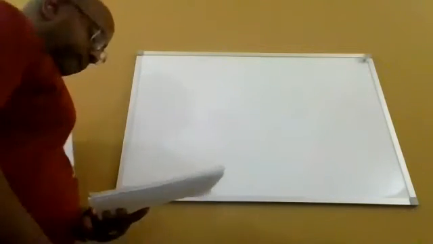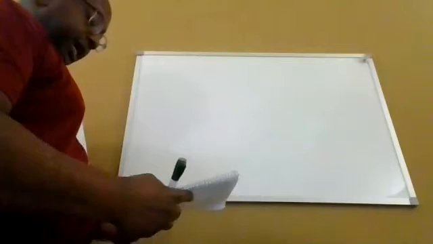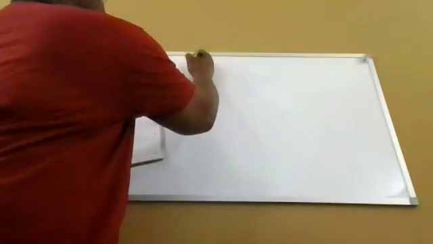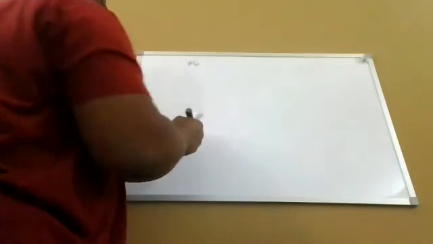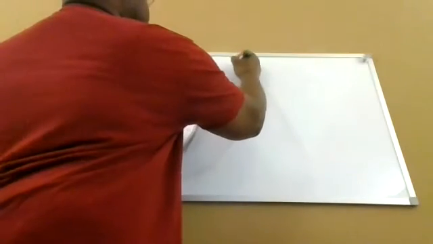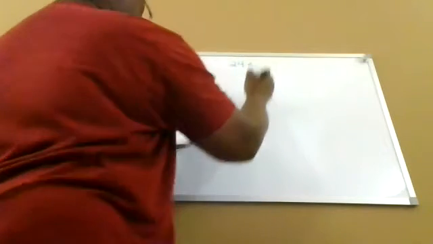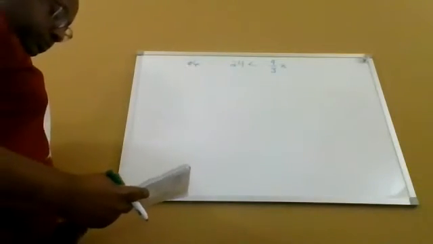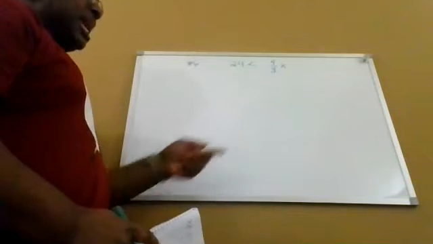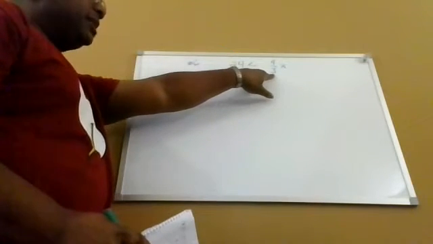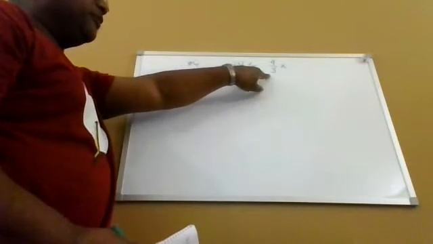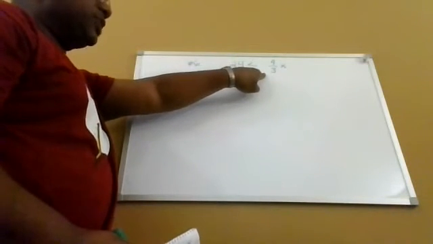where I have 24 is less than 4/3 x. So now for this problem, to get x by itself on the right-hand side, I can multiply both sides by the reciprocal of the fraction 4/3, which is 3/4.